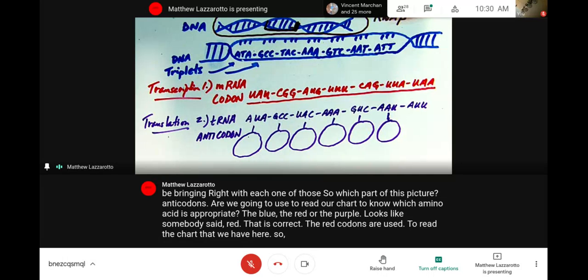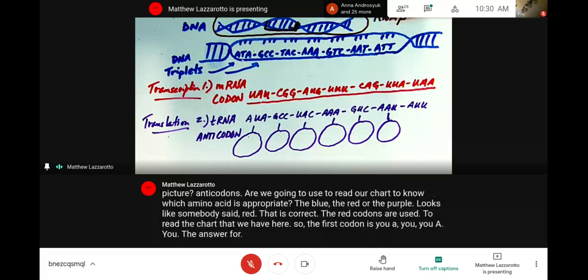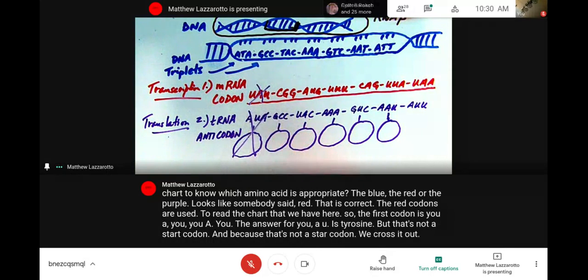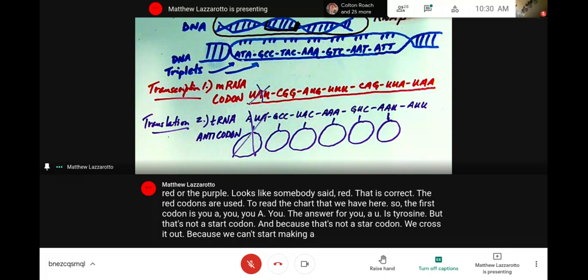So the first codon is UAU. The answer for UAU is tyrosine. But that's not a start codon. Because that's not a start codon, we cross it out because we can't start making a protein yet.